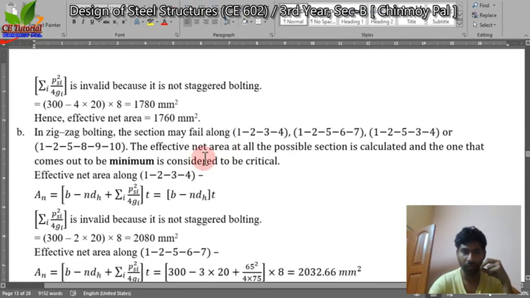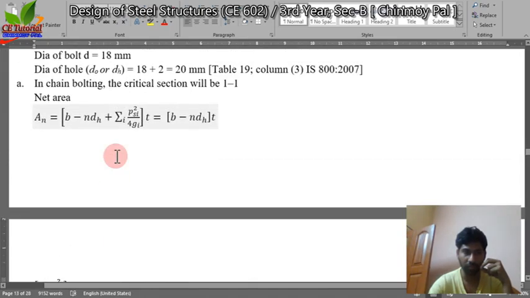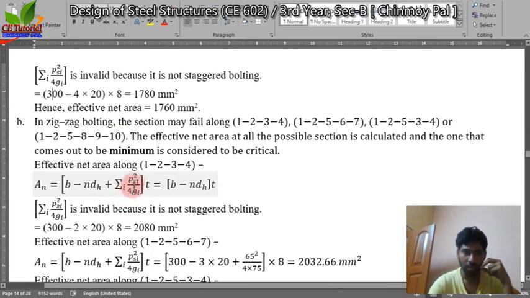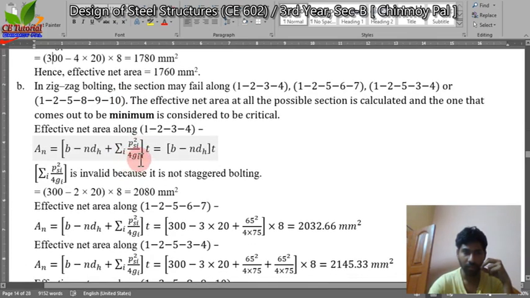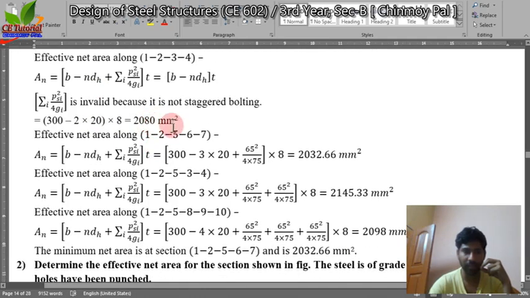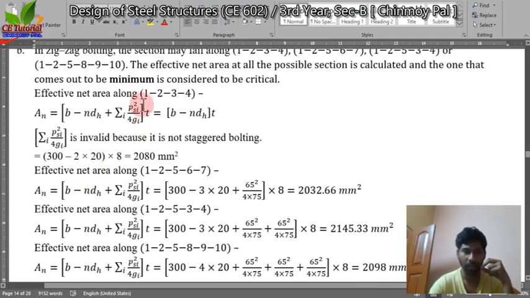So this part is invalid, p s square by 4 gi is also invalid. So b minus n dh into t is the formula: 300 minus 2 into 20, number of bolts 2 and dh is 20, into thickness t. This is the effective area along line 1, 2, 3, 4.